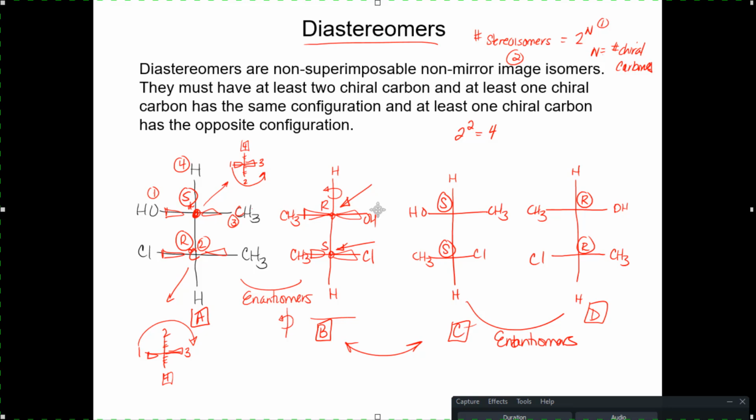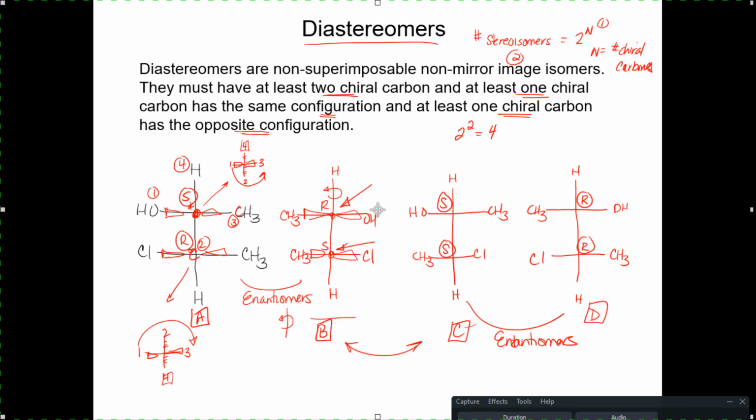So diastereomers are non-superimposable, non-mirror image isomers, which is a great definition, but it doesn't tell me a lot. They must have at least 2 chiral carbons, and at least one chiral carbon has the same configuration in both, and at least one chiral carbon has the opposite configuration in both. And that's the case here.